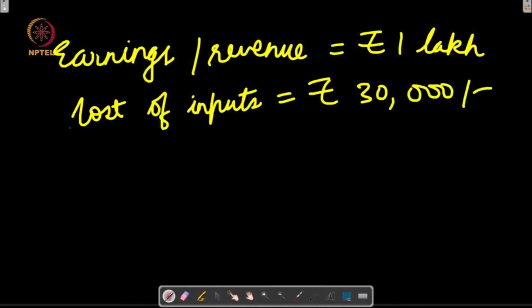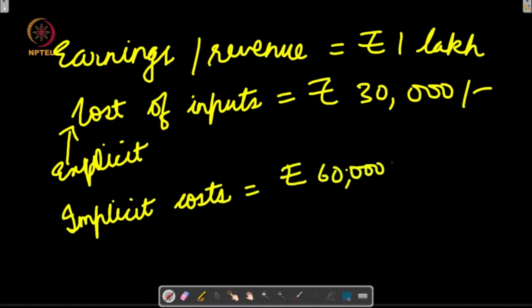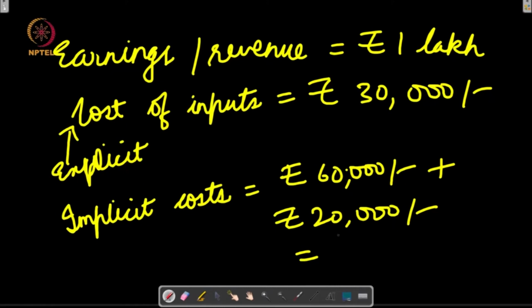So this is the explicit cost. Now let us look at the implicit cost. So this includes the 60,000 rupees that he otherwise would have earned in the software firm, plus say 20,000 rupees that he would have earned as an interest. So in this case, we will say that the implicit cost in total is 80,000 rupees.